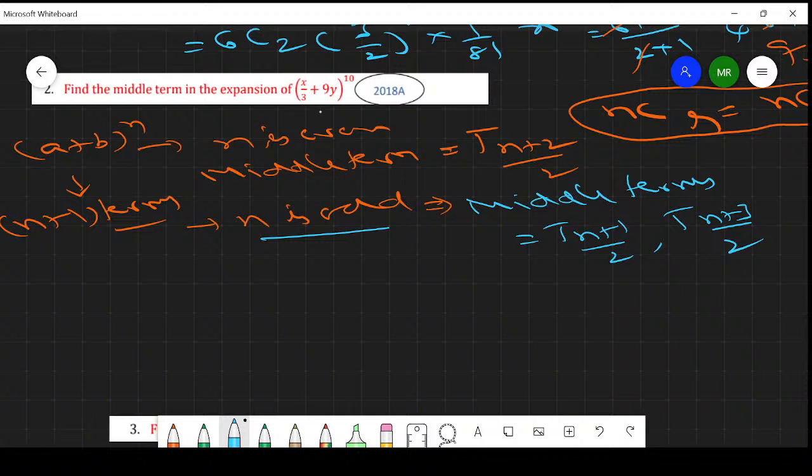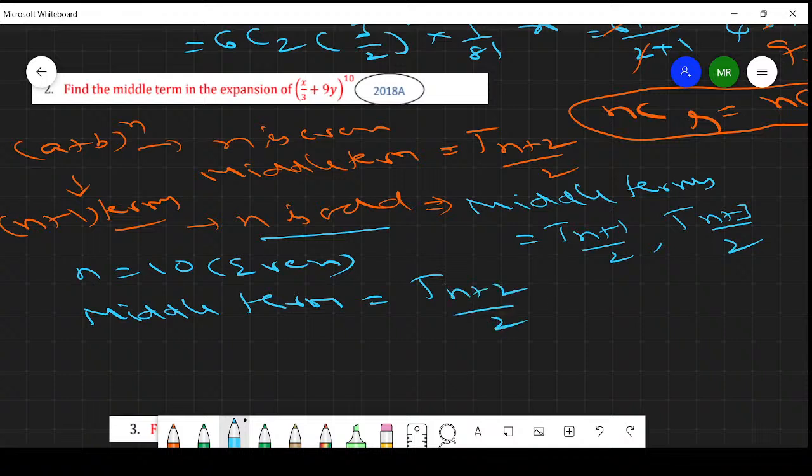Now in the given problem you can see the power is 10. So n is equal to 10, which is an even number, correct? Even means I should find only one middle term. The formula is T of (n plus 2) by 2.